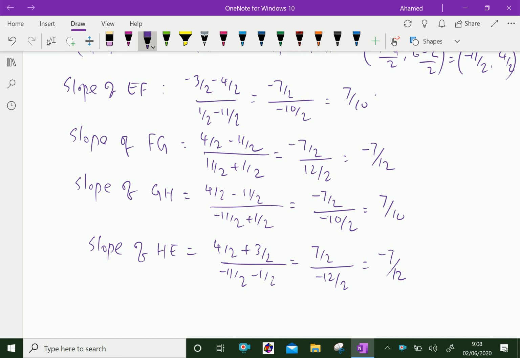So look at the slopes. The four slopes are 7/10, minus 7/12, 7/10, minus 7/12. Here the opposite sides have equal slopes.